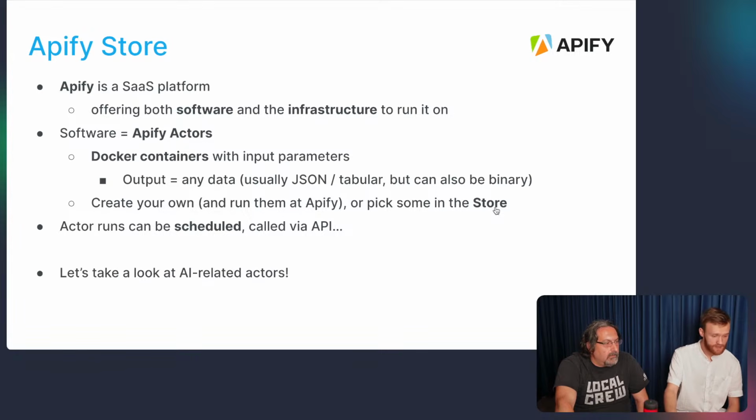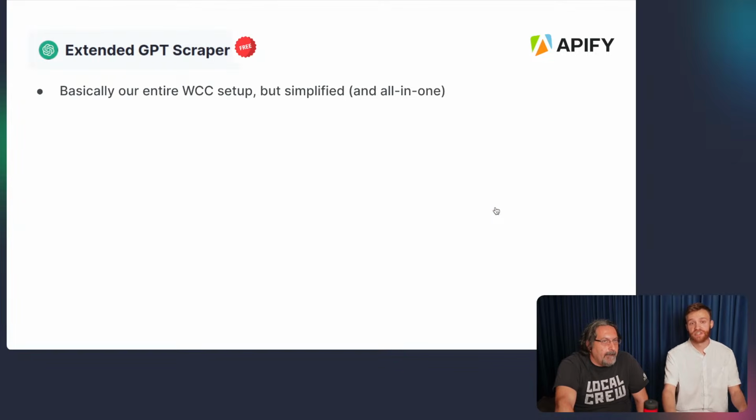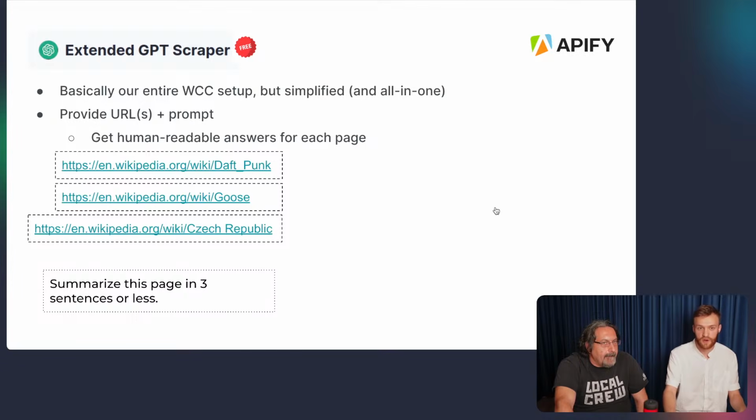And we'll right now take a look at some AI-related actors. Let's start with Extended GPT Scraper. It's pretty much what we've just seen, but simplified and all packaged into one nice, neatly packed actor. All you have to provide are URLs and a prompt, and you'll get a human-readable answer for each of those pages from those URLs.